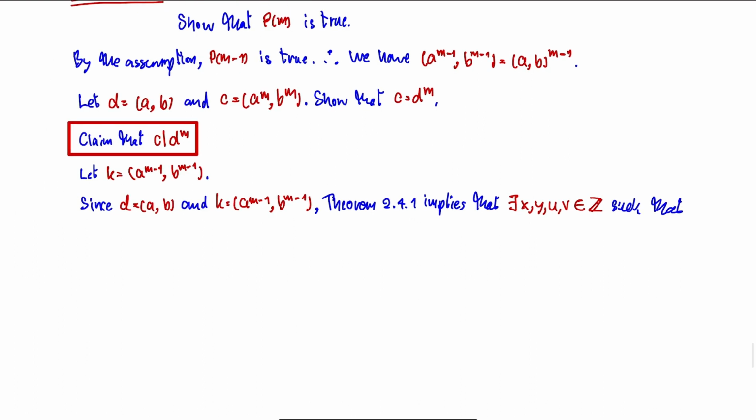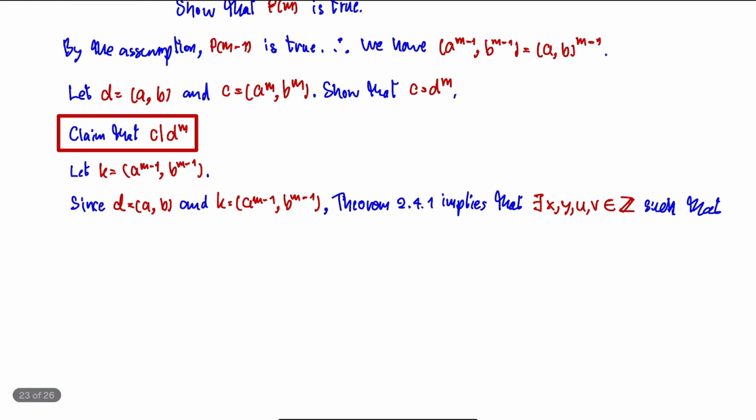such that D is equal to ax plus by. And what is K?